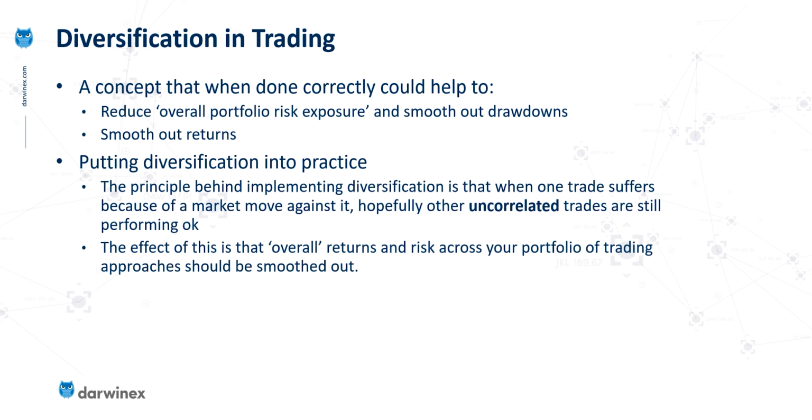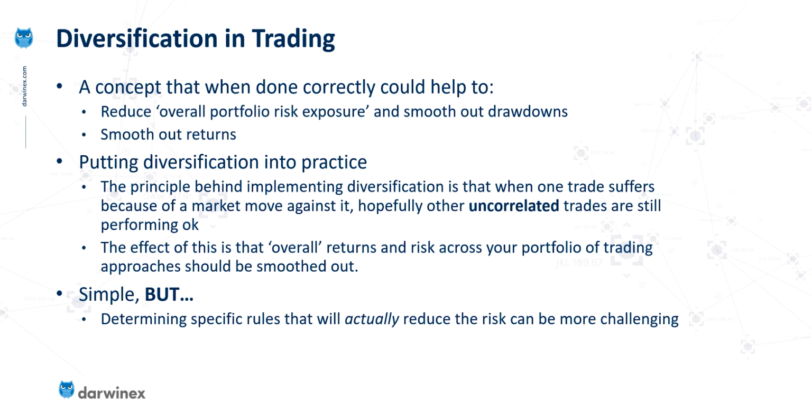And the effect of this is that the overall returns and risk across your portfolio of trading approaches should be smoothed out, if done correctly. But determining the specific rules that will actually reduce the risk can be more challenging. And of course, this is one of the topics that we're going to be covering throughout the series.